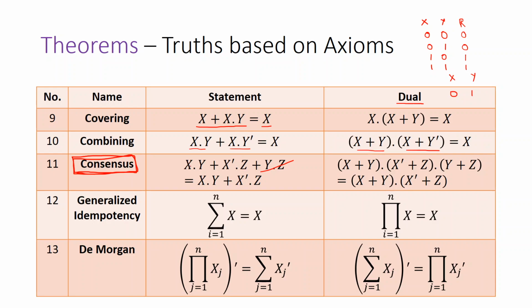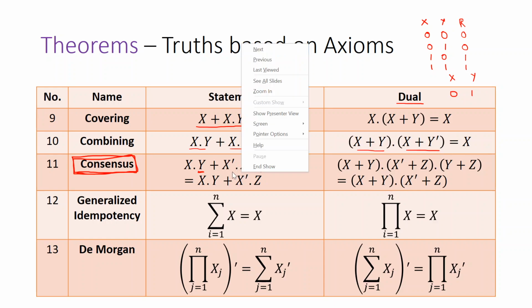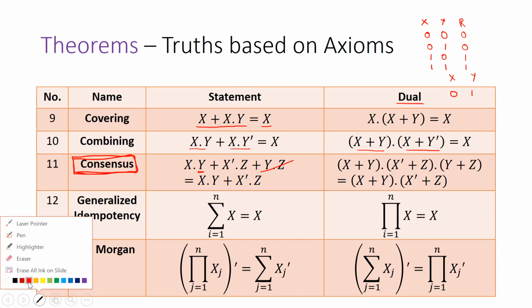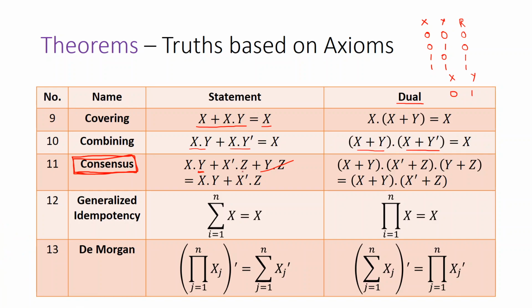Apart from x, there is some other term associated with x. Apart from x complement, there is some other term associated with x complement. These two terms, associated with x and x complement, come together to form the third term. So when this sort of a thing happens, then this third term can be struck off.